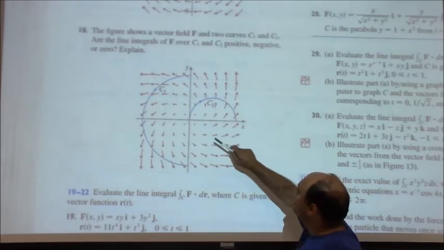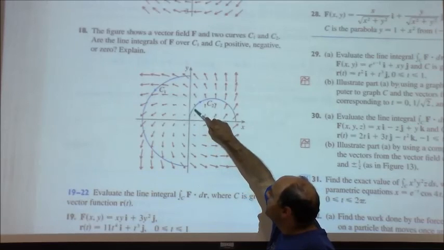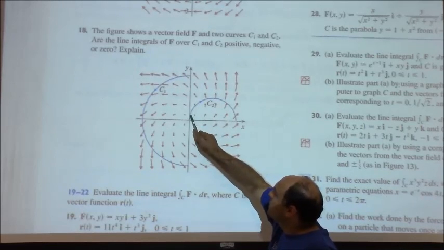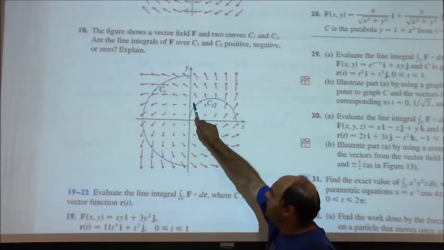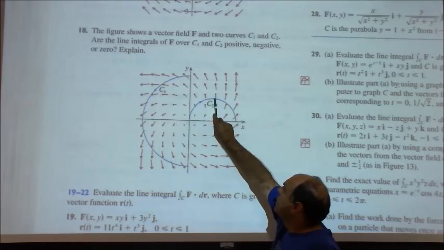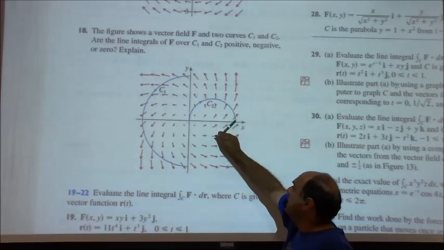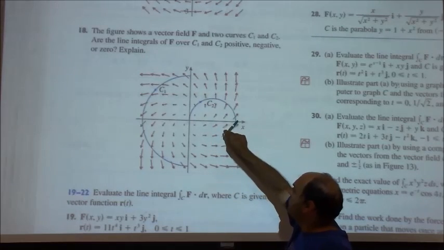On C2, let's see now, as I go up at the beginning here, the vector field is also going up, so that helps. And it's kind of going toward the right, at least for a while, until back left up here. But I'm getting a little bit of help at the beginning. When I reach the top, though, and I'm starting to come back down, the vector field is opposing me. I'm trying to swim upstream at this point.